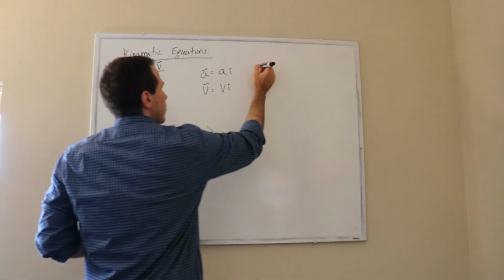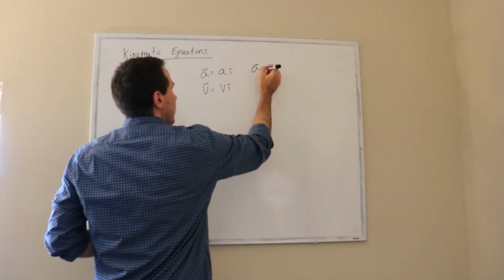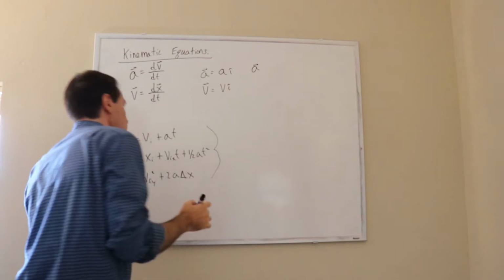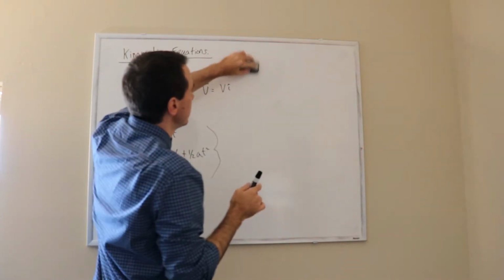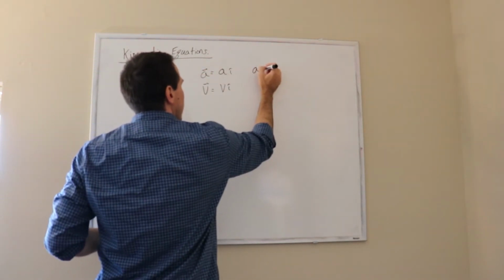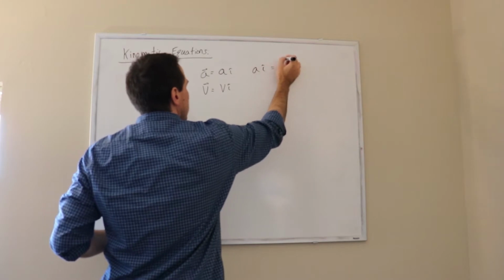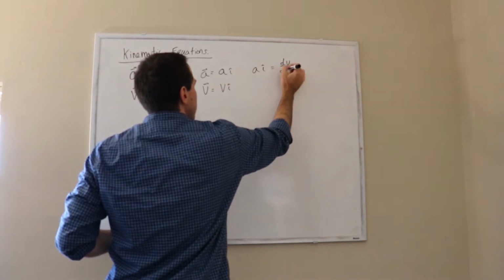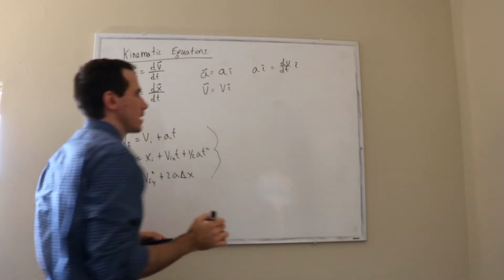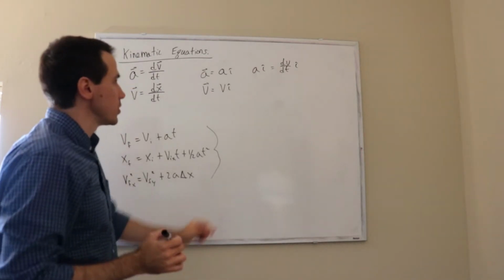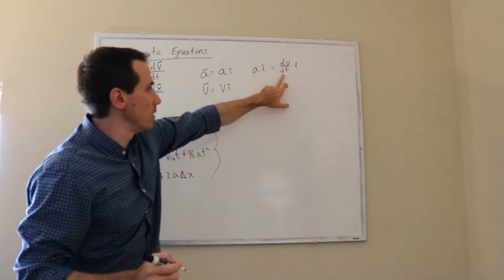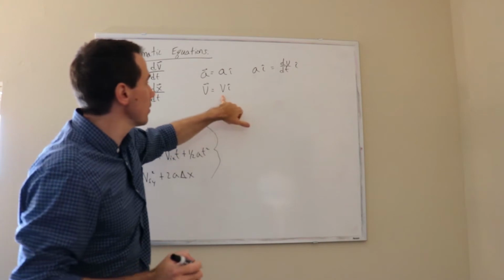So if I rewrite this equation in terms of this, I would write a times i hat equals dv/dt times i hat, where I'm just acting the derivative on the magnitude of the velocity here.